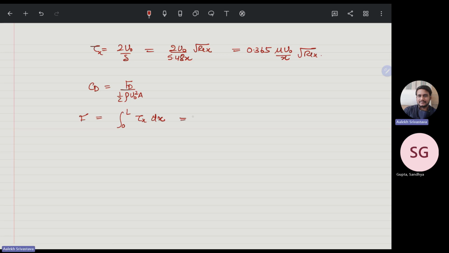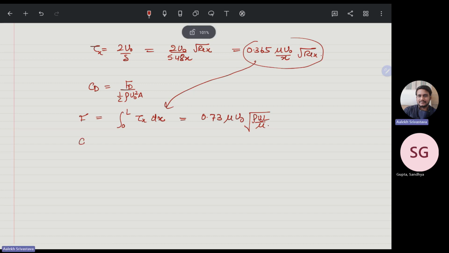So if you just simply put everything and solve, you will get an equation that will look like this. If you put this equation and integrate it, you will get 0.73 mu u0 under root of rho u0 L by mu.